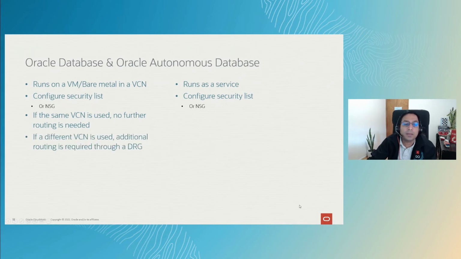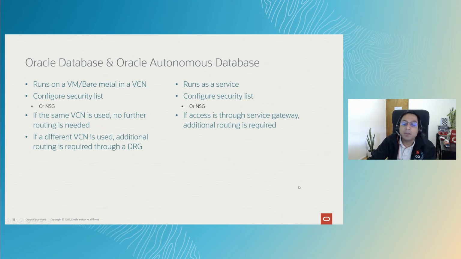Whereas if a different VCN is used, then you need to configure and add an additional routing rule via a DRG. For the autonomous database, this is typically accessed through a service gateway. So you need to make sure that you have a routing rule that specifies routing through the service gateway.